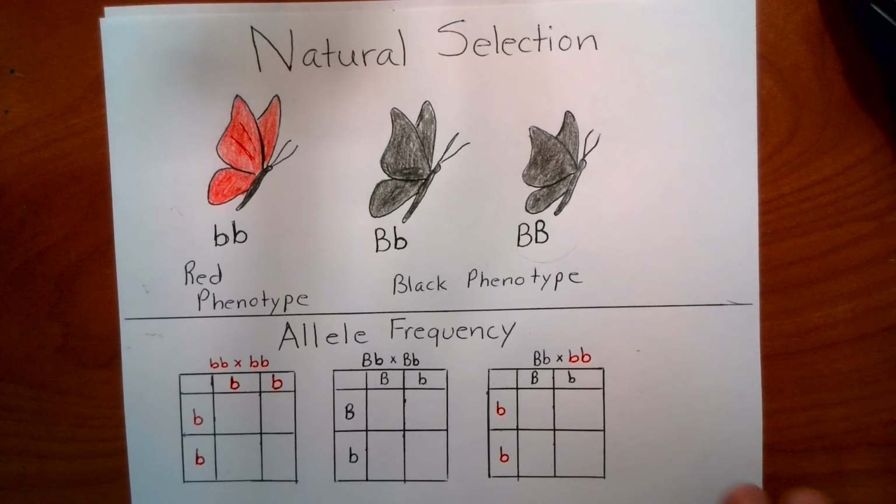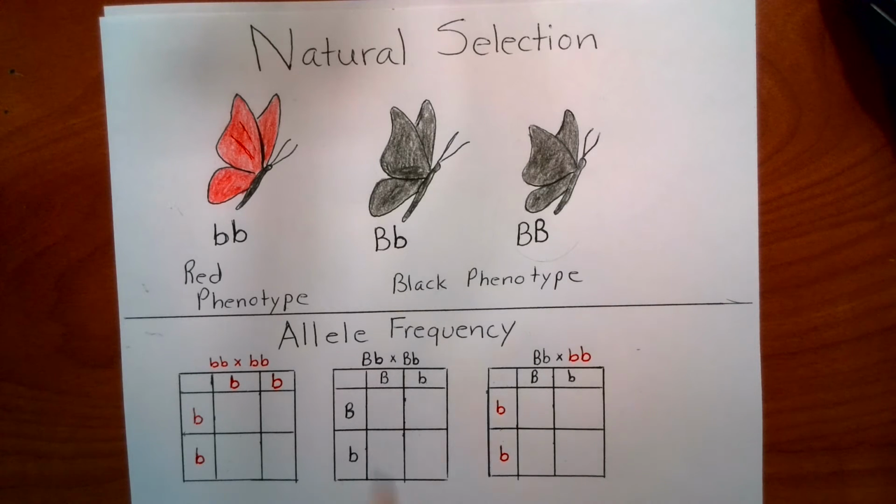Now I can illustrate how allele frequency works using Punnett squares. Remember, Punnett squares show us how, across individuals, the alleles separate out and become the genotypes for the next generation. So here we've got a cross between two homozygous recessive individuals that have the red coloration.